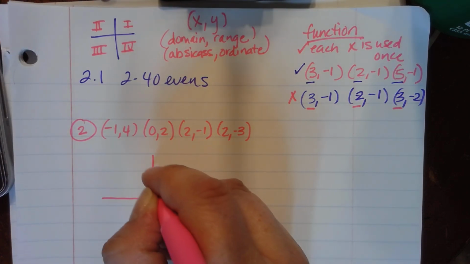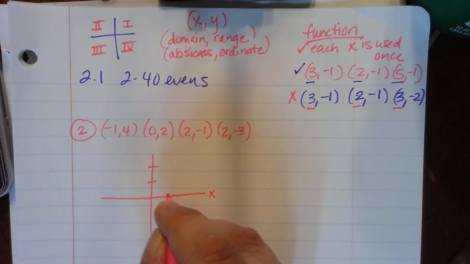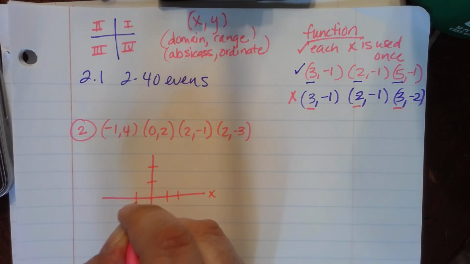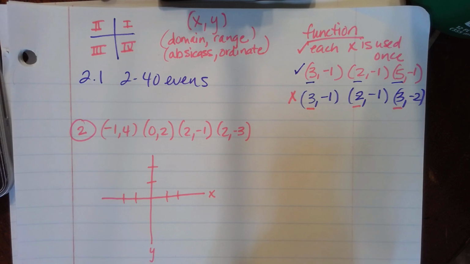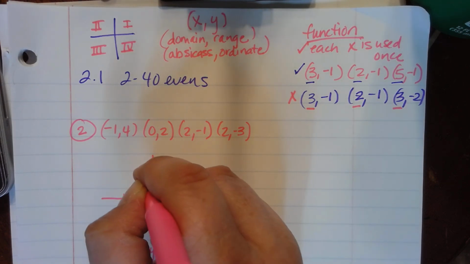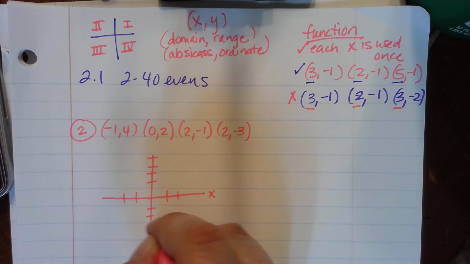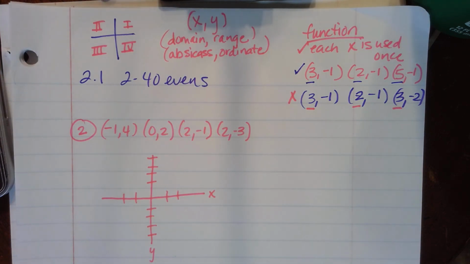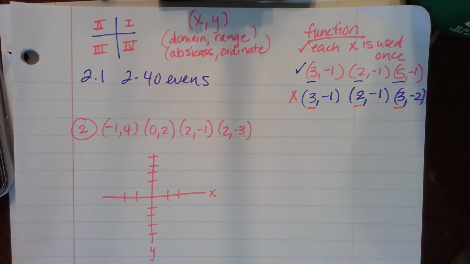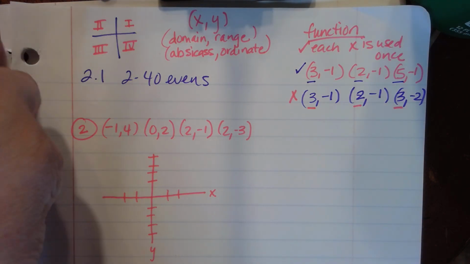So I'm just gonna do like this. And then my y's, I'm just kind of estimating 3, 4, 1, 2, 3, 4. Okay, so I'm just going to kind of graph it out like this, and you just put yours where it's supposed to be.